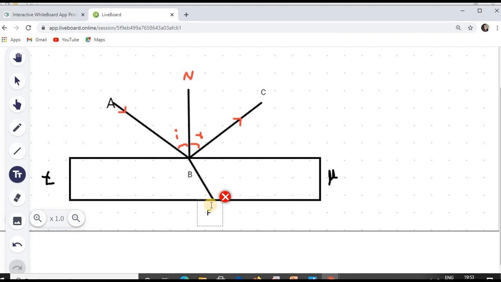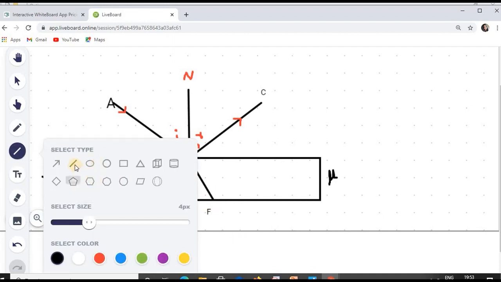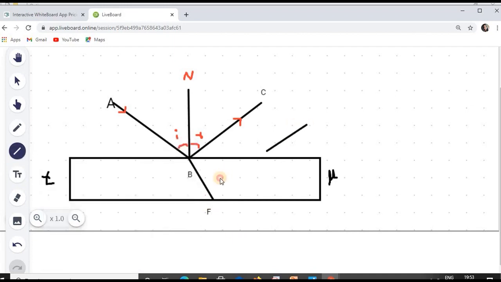The transmitted ray goes into the film. The transmitted ray makes an angle R with the normal at the lower boundary surface, and I am going to draw again a normal here. So I'll have again a ray.